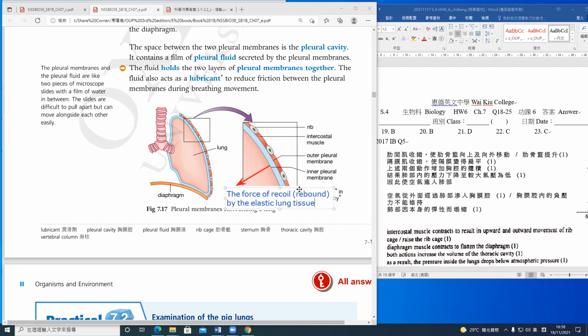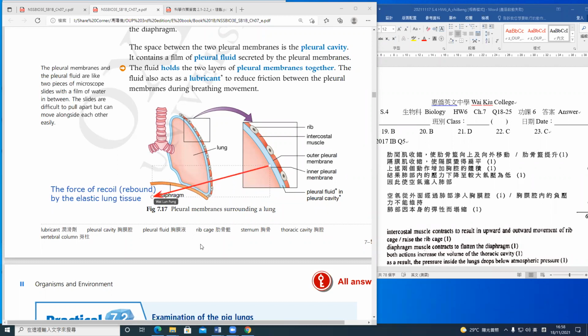You pull it and release it, and it collapses inward automatically because it has elasticity, pulling inward. But then why can our lung keep such a large size?